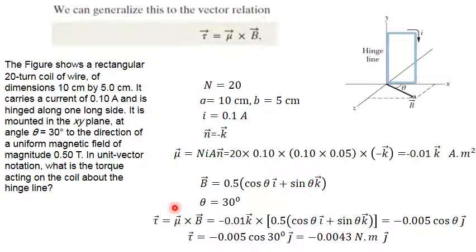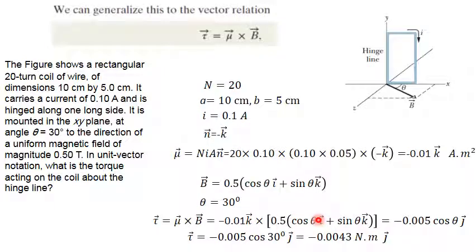So the torque as a vector quantity would be the magnetic dipole moment of the loop cross the magnetic field B. So it is minus 0.01 in direction k, cross product with 0.5 times cosine theta in direction i plus sine theta in direction k.